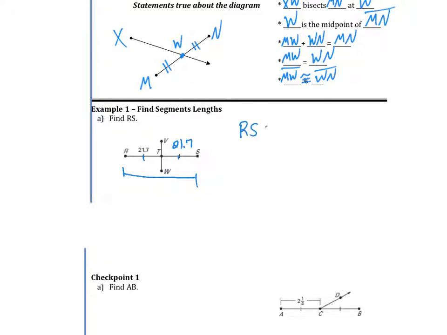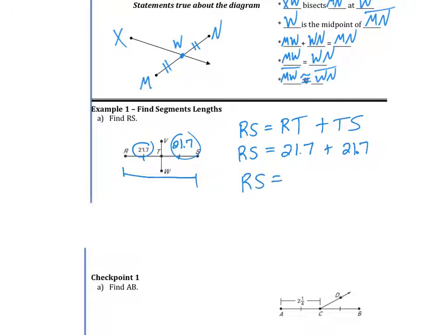So RS is equal to RT plus TS. And we can see that RT is 21.7. We also know that TS is 21.7. So when we add them up, we would get RS equals 43.4.